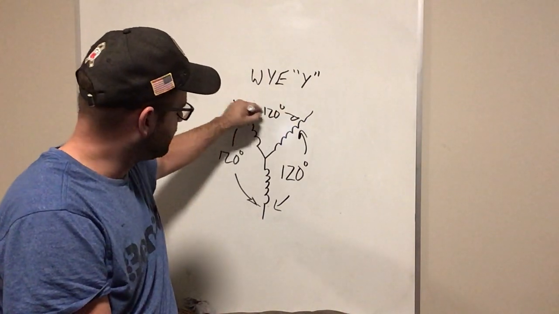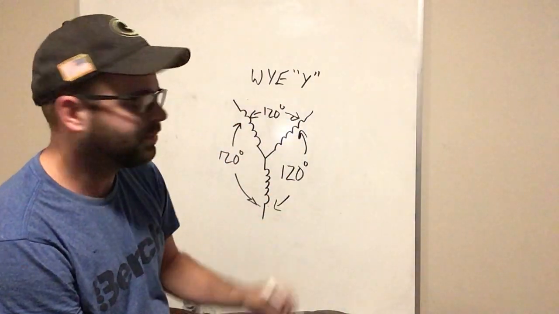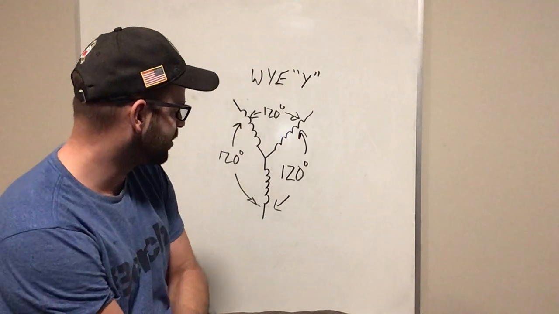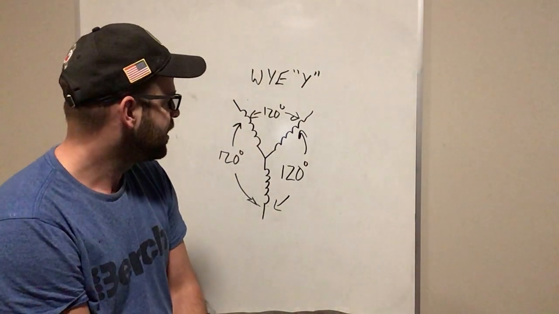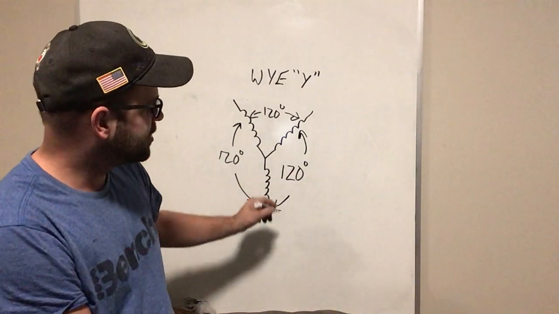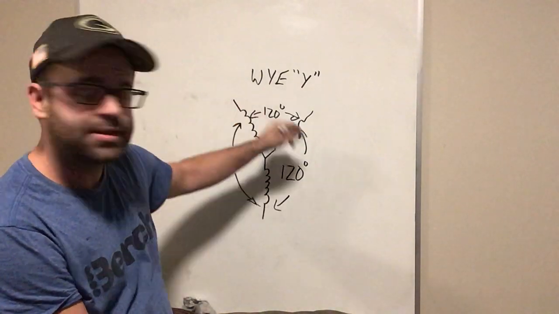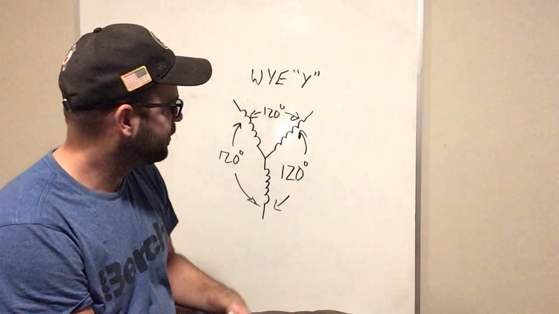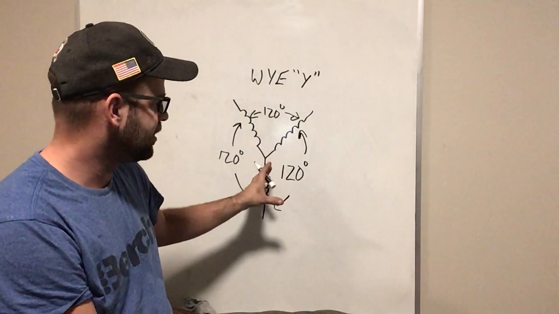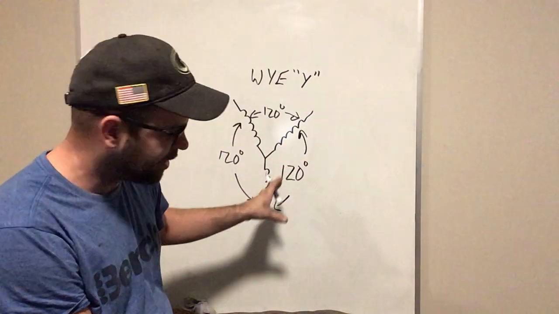Obviously I drew that a little off, but all three of them are 120 degrees out of phase with each other. If we notice, on a whole, it's 360 degrees all the way around.